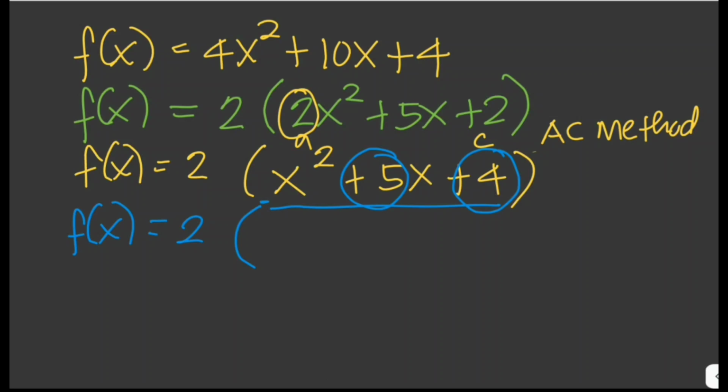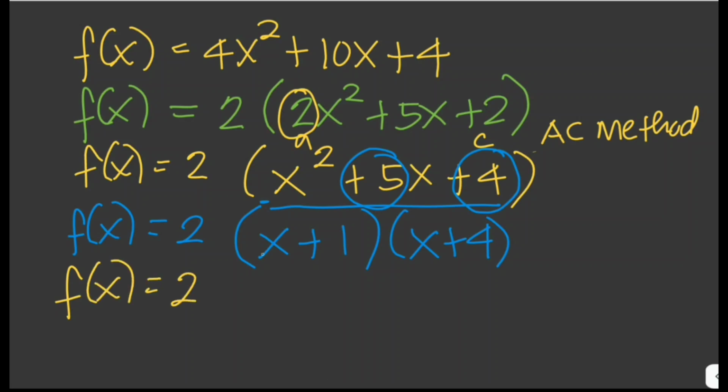The factors of 4 are 2 and 2, and 4 and 1. So 4 and 1 are the only factors that would add up to positive 5. So we will use plus 1 and plus 4.